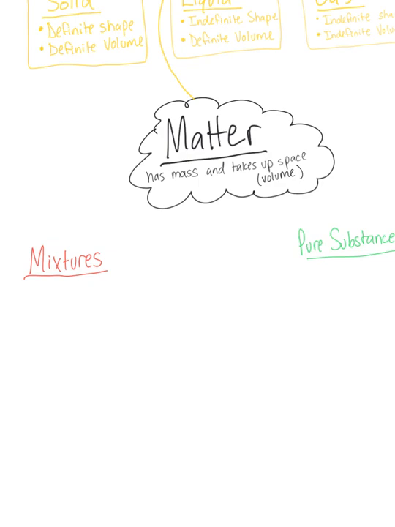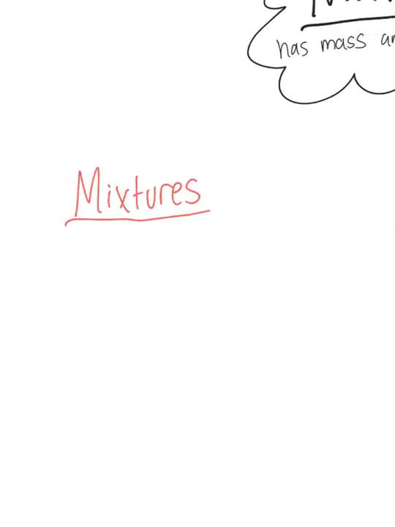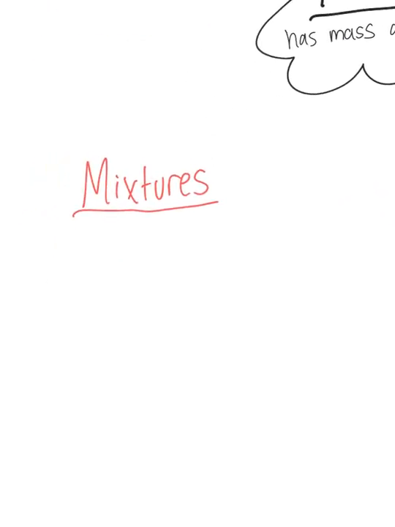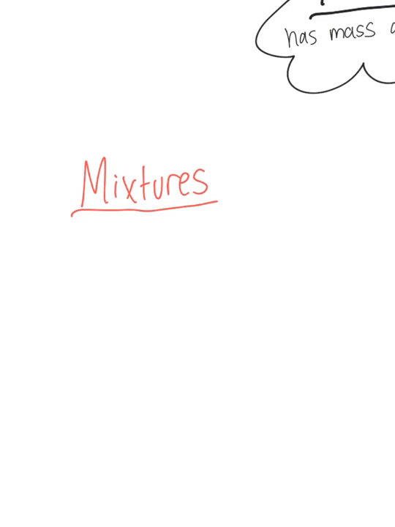Okay? So every substance is one of these two things. It's either a mixture or it is a pure substance. It can't be both at the same time. So that's why the distinction is really important. And since they do go hand in hand like that, we see that their definitions are kind of opposite of each other. We say that a mixture is something that has variable composition. And composition is just like what makes it up, right?